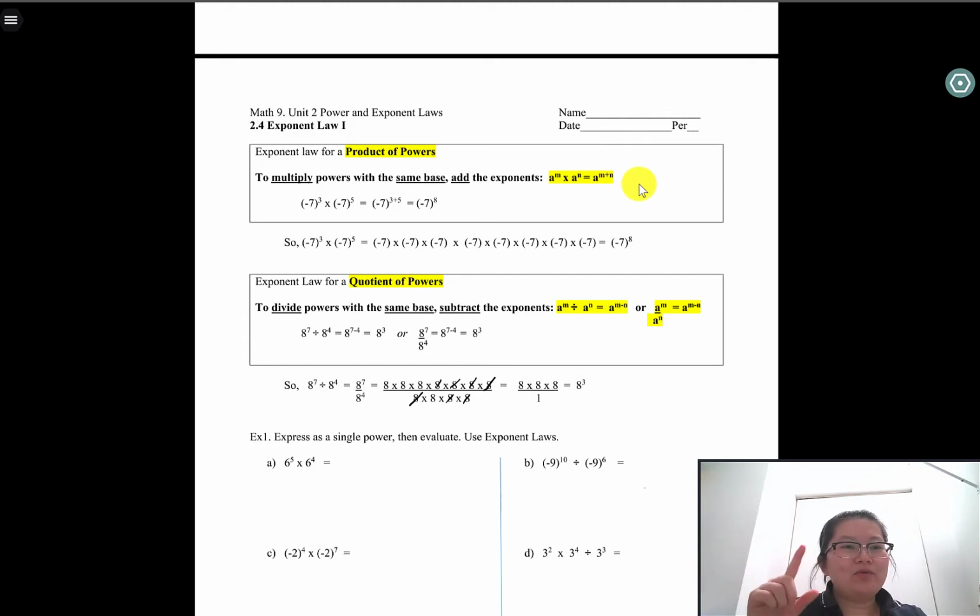The one way we could all use to remind ourselves which rule is correct is to remind ourselves of the basic meaning of exponents, which we'll talk about later in this video.